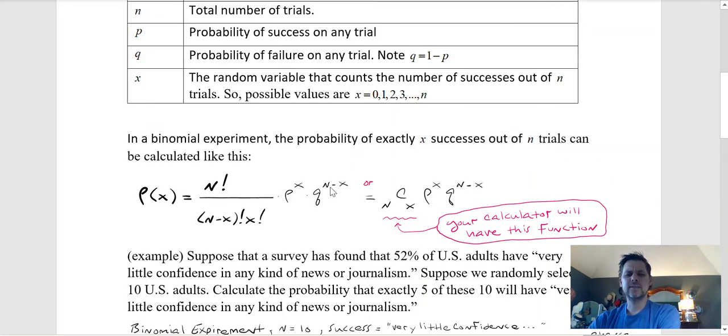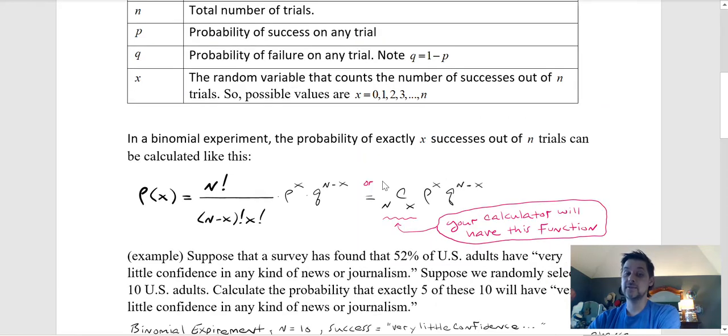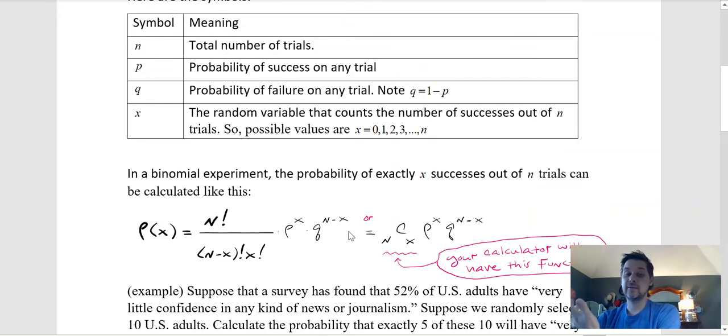And what would n minus x be? Well, there are n total trials, and x is the number of successes out of the n total trials. So n minus x is the number of failures out of n trials. That's why there's this factor q, the probability of failure on any trial, to the power n minus x.